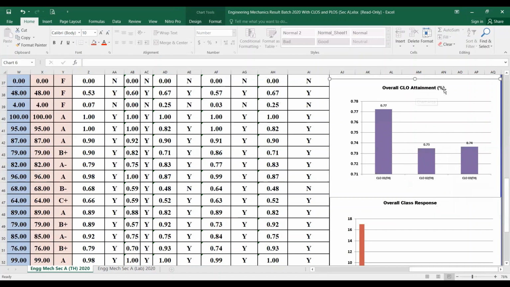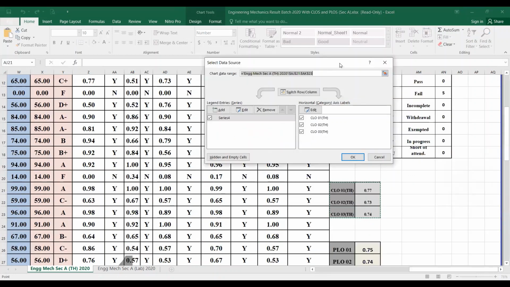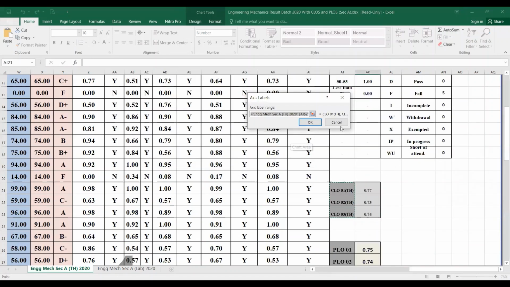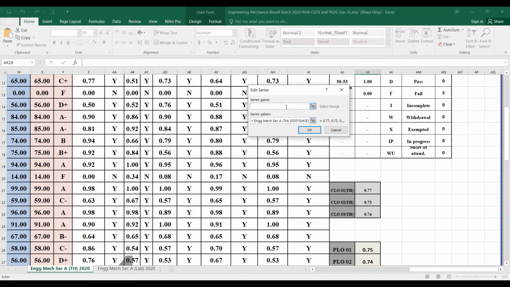Now, overall CLO attainment percentage. You have to select data, and obviously you have to select CLO1 here. You have to select this column, and obviously you have to select the bar chart, or you can say the column chart in the Excel sheet, and you have to write down overall CLO attainment, and select the series value, this one.